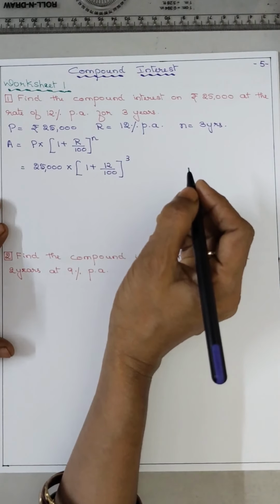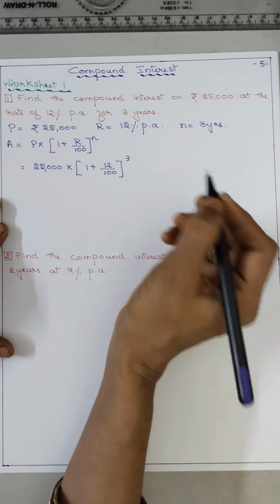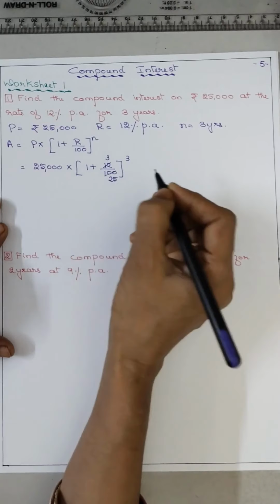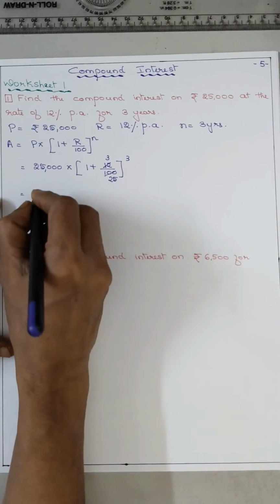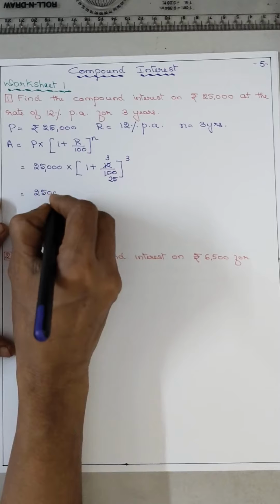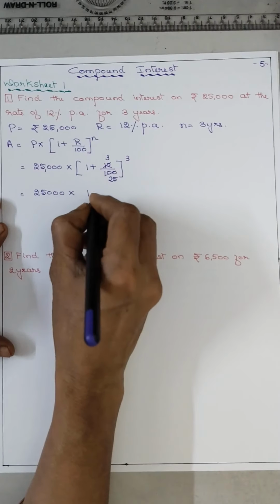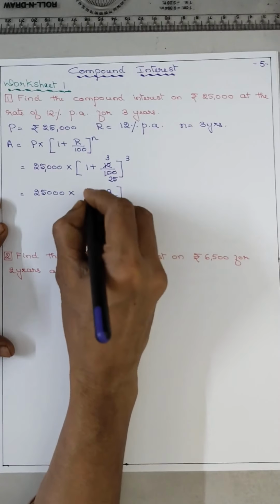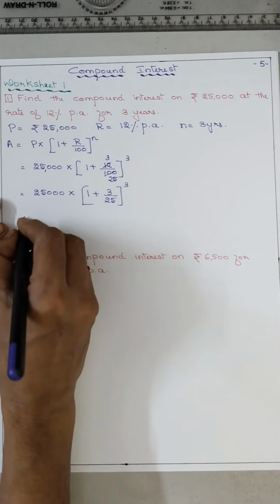Now 4 times table in 100 comes, 4 3s are 12, 4 25s are 100. So that means 25,000 into 1 plus 3 upon 25 the whole raised to 3.